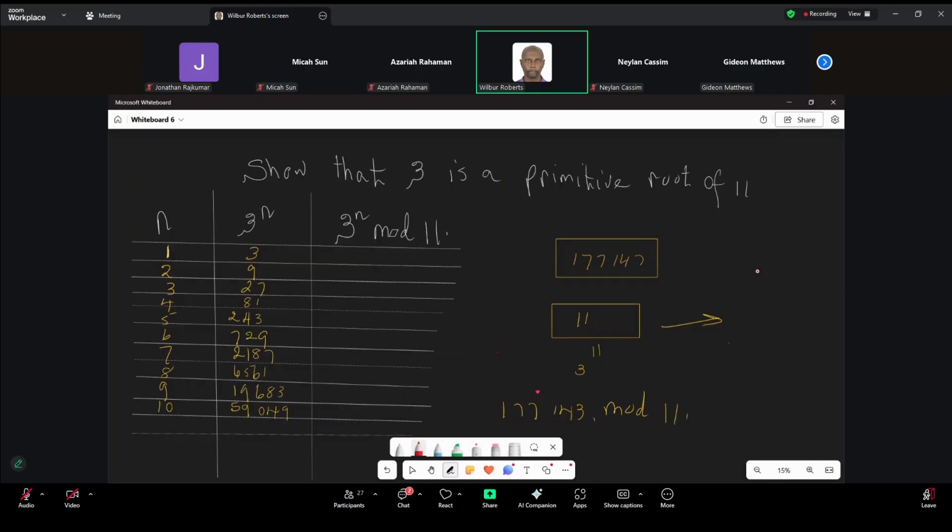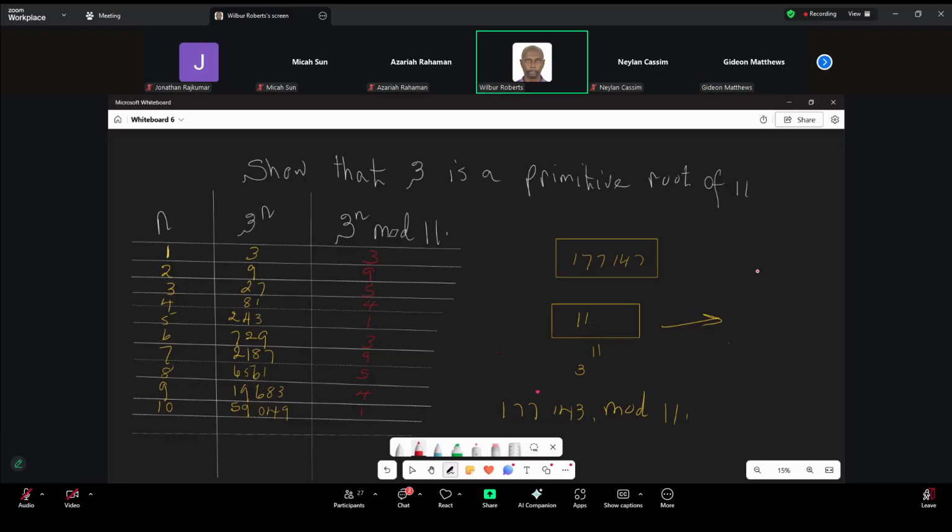The last column now, what do you get? 3, 9, 5, 4, 1, 3, 9, 5, 4, 1. All right, so which means it's not a primitive root of 11.